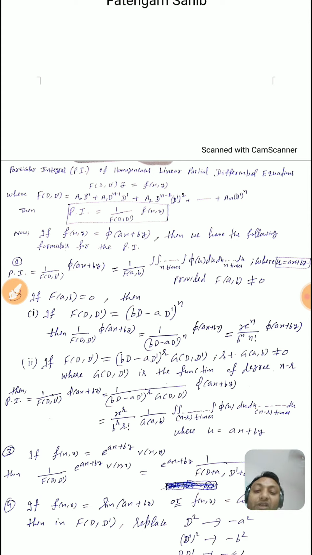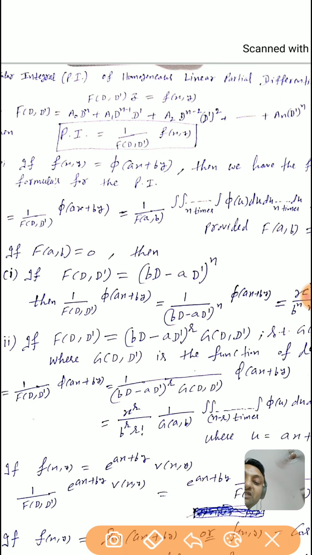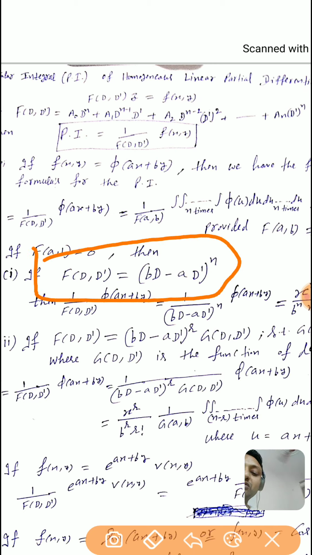So in the first case, let us suppose that the function f(D, D') has all the roots of this form, that is (bD minus aD') power n. Power n means this is a function of degree n, and we have assumed that all the roots are of the form bD minus aD'. That's why we take (bD minus aD') power n.